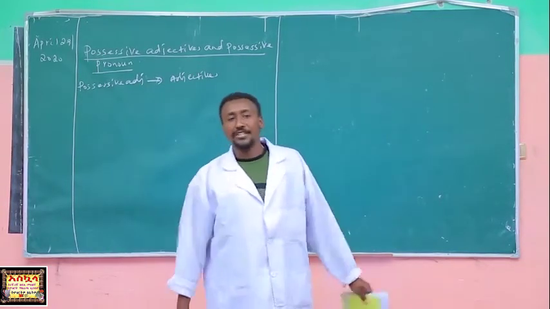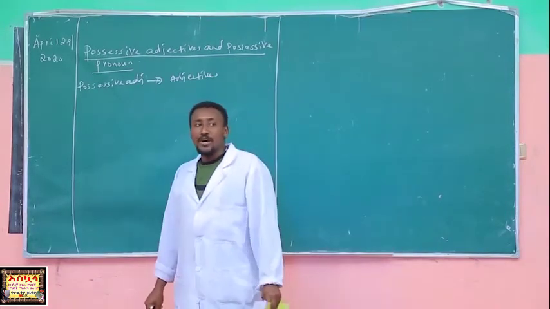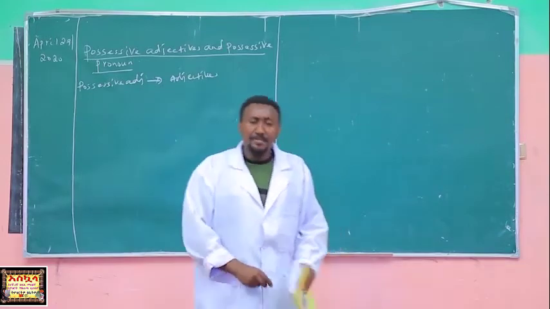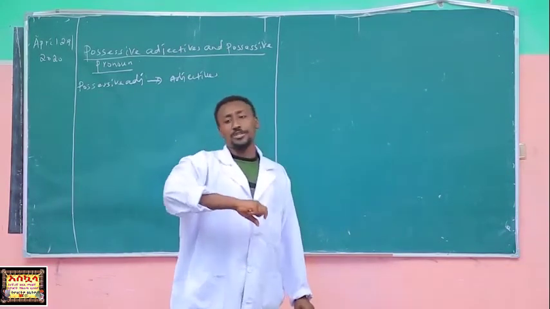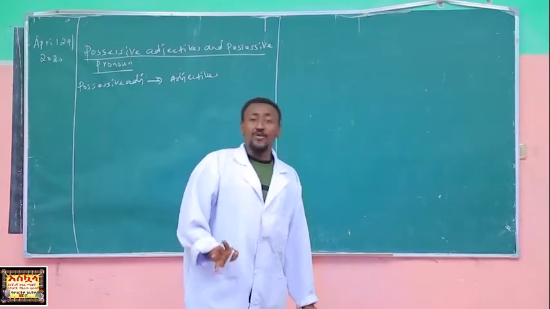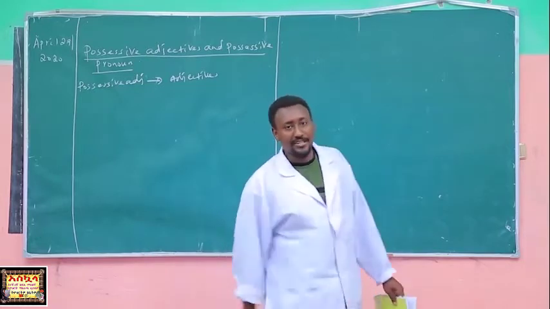When we use pronouns, they are used instead of nouns. When you are using more nouns in a paragraph or in a sentence or in our speech, the person who is going to listen to us becomes bored.